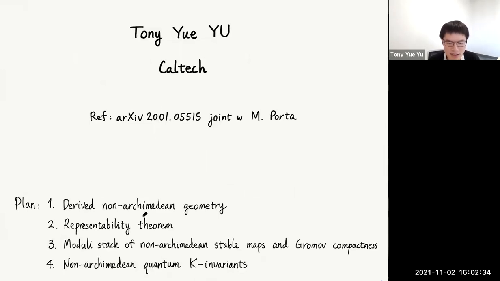After that, I will introduce the modular stack of non-Archimedean stable maps and some Gromov compactness result. And by the end, we will define non-Archimedean quantum K-invariants and study their properties.